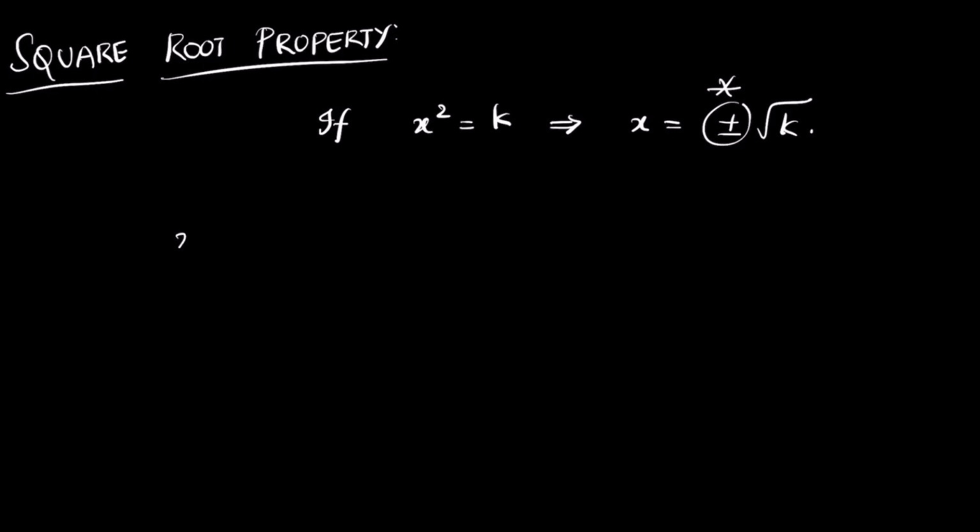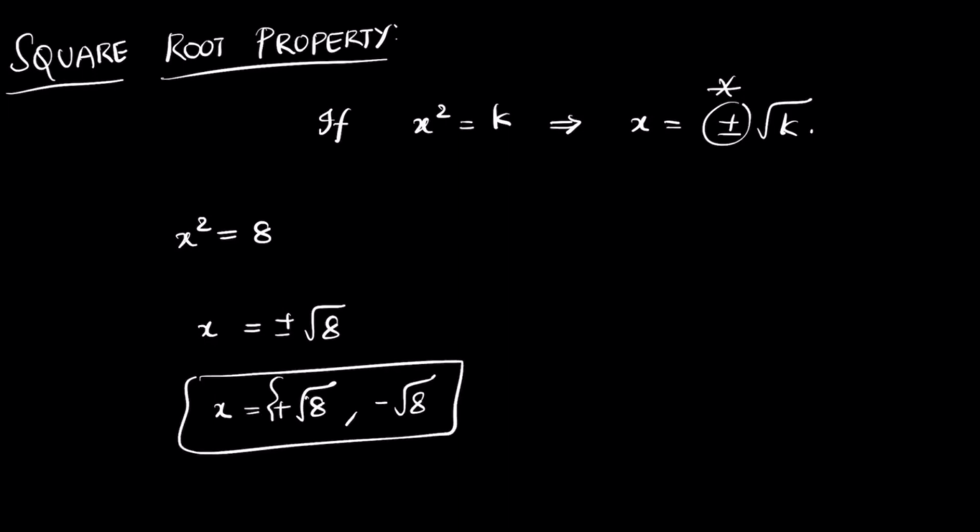Let's say we have x square equal to 8. If x square is equal to 8, we know that x becomes plus or minus under root 8. So x can be plus root 8 and minus root 8.